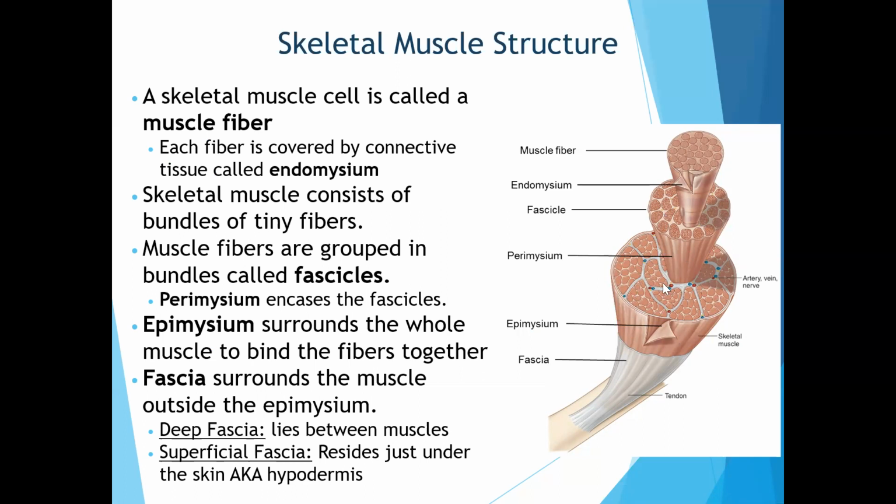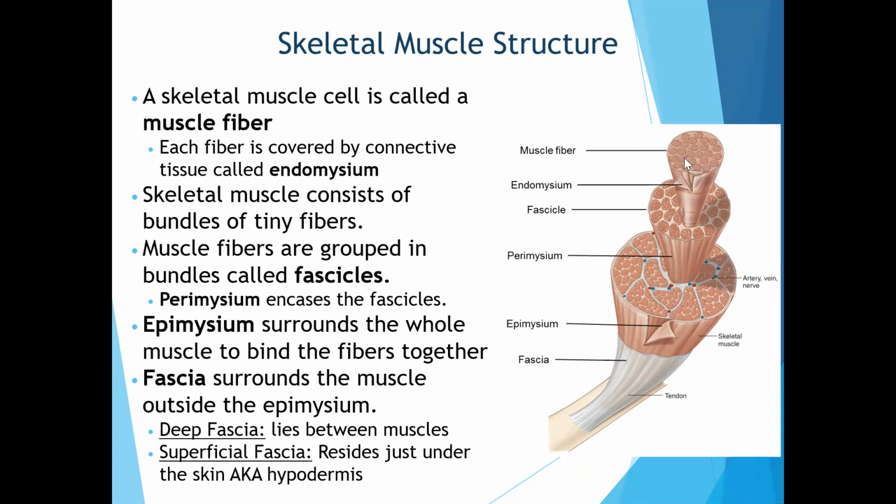The epi, which means outer, is the outer covering there. Outside of the muscle itself, we also still have fascia. This deep fascia is these gray areas through here, between the muscles. Then you have superficial fascia, which is another name for our hypodermis, and that primarily contains adipose cells.